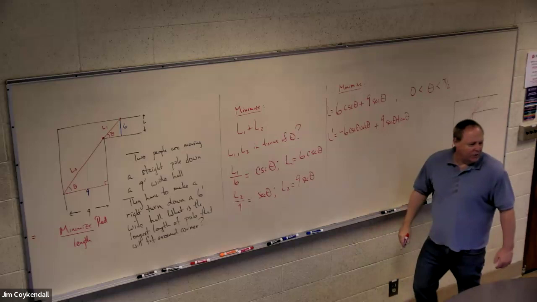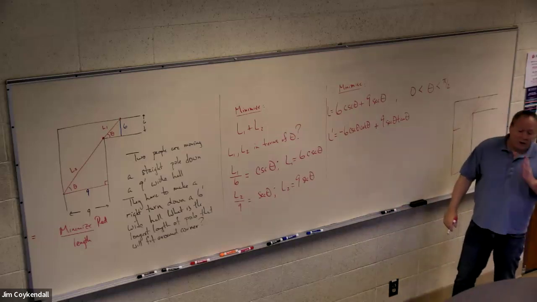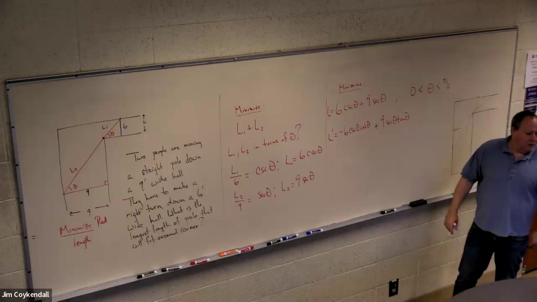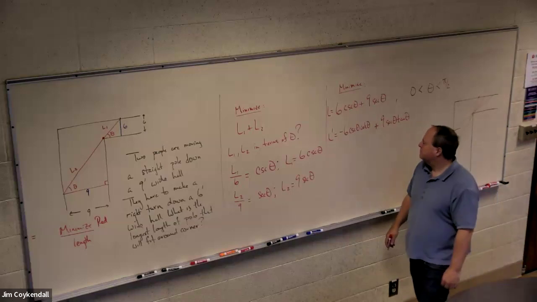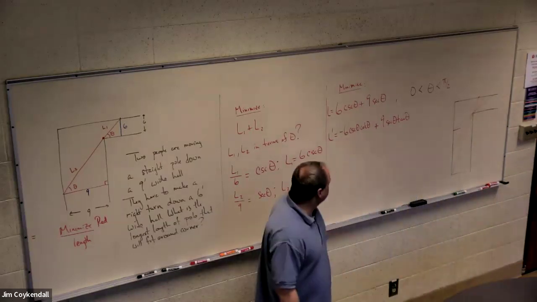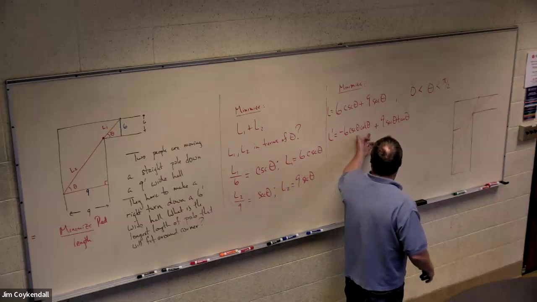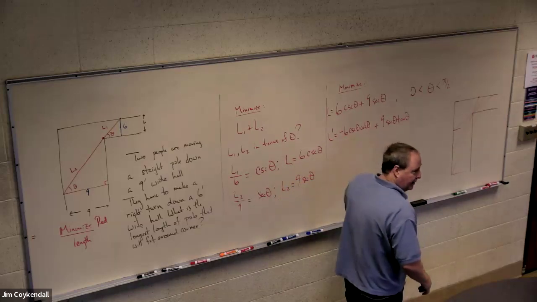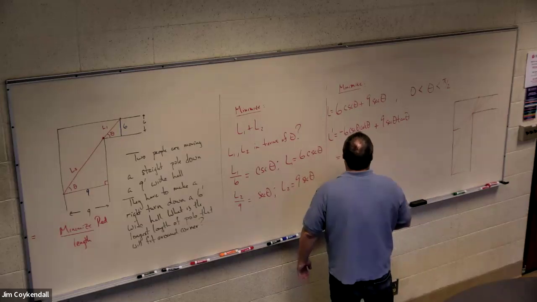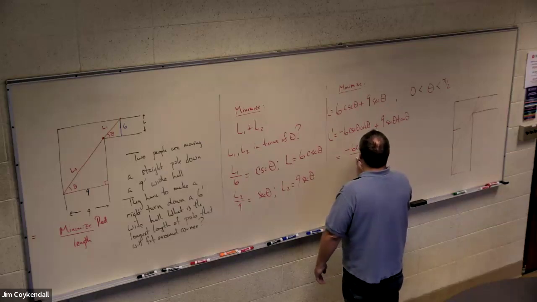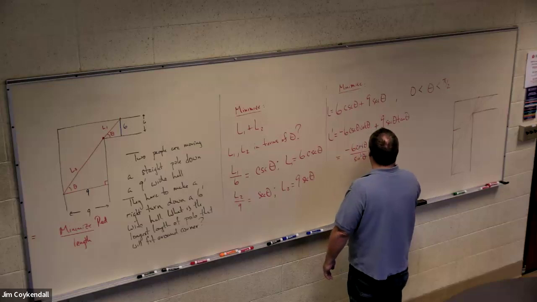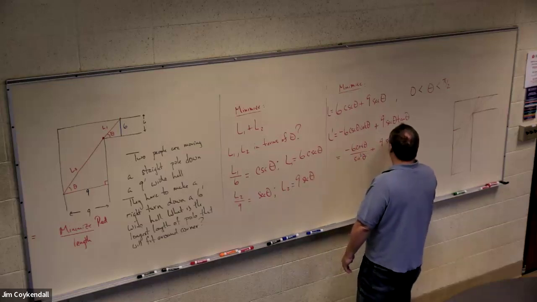And again, if you're ever in a spot, cosecant is just one over sine, so you could just find the derivative that way. Now, this is confusing, so I'm going to write it this way. This is -6, that's 1 over sine, cosine over sine, so -6 cosine theta over sine squared theta plus 9 sine theta over cosine squared theta.